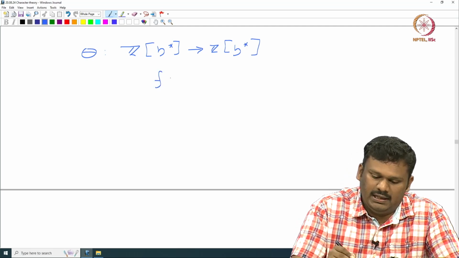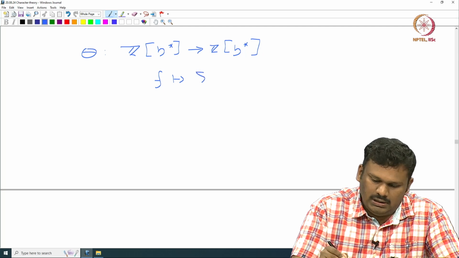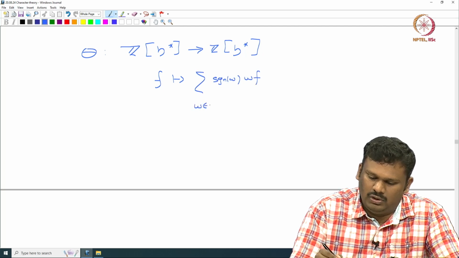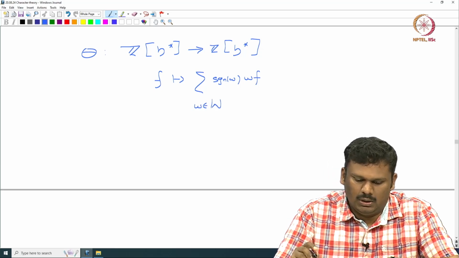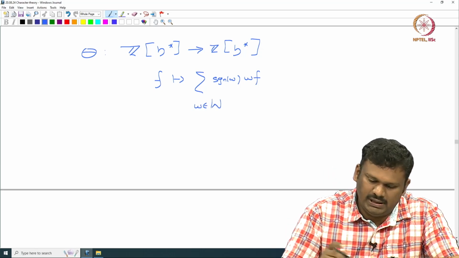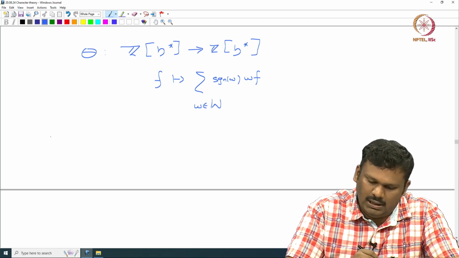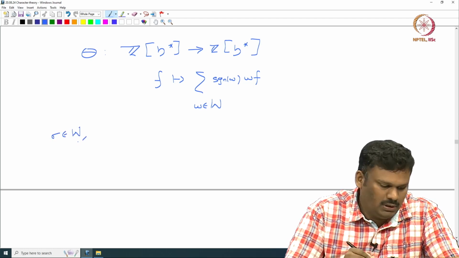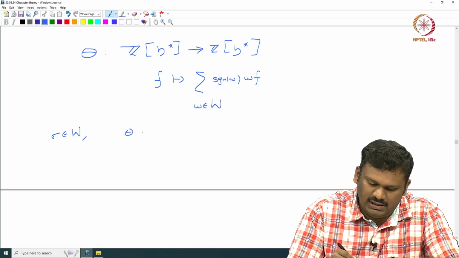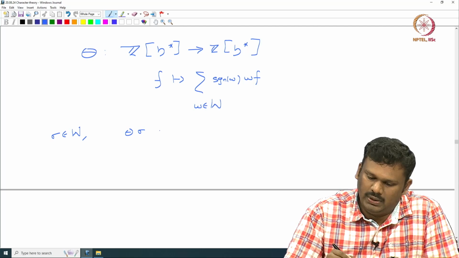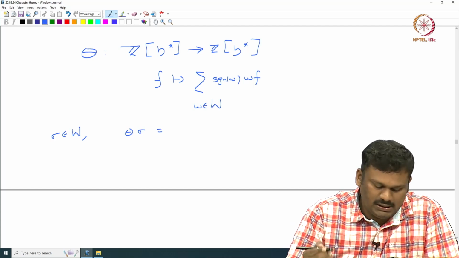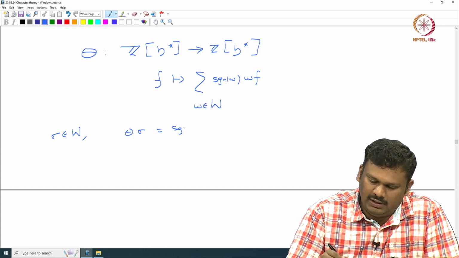You take any f and send it to the averaging summation of the sign of W times W f, where W comes from the Weyl group. Now it is not hard to see that if I take some sigma from W and apply sigma to theta, then you get exactly the sign of sigma times theta.